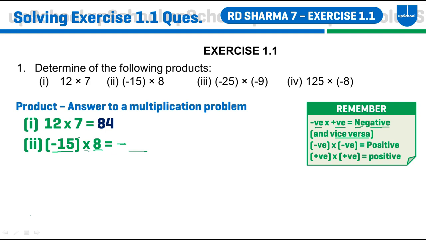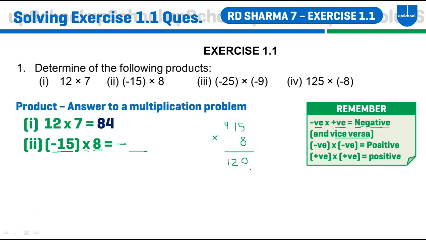Now to actually find this number, we have to do 15 times 8 just without worrying about the negative signs or anything. So 15 times 8. Let's try to solve it. 8 times 5 is 40, so we carry the 4. 8 times 1 is 8, plus 4 is 12.